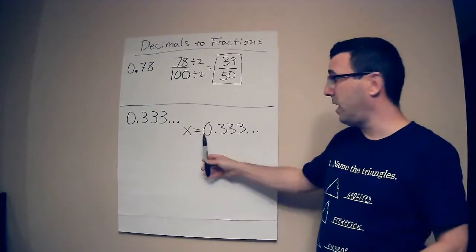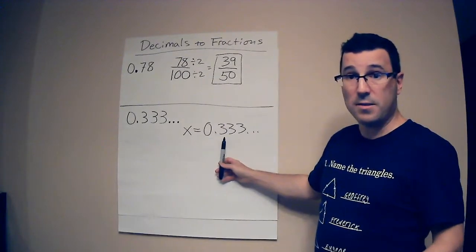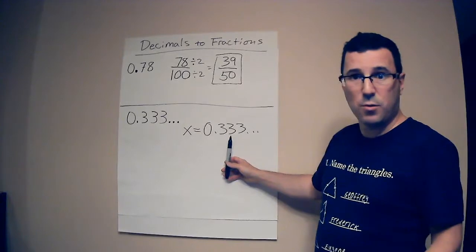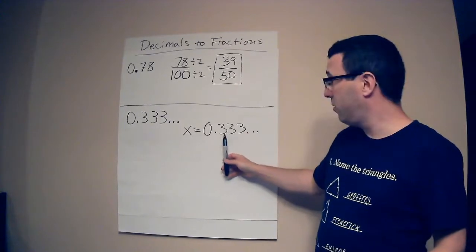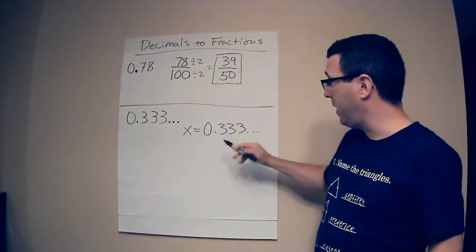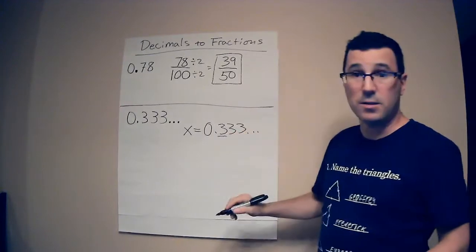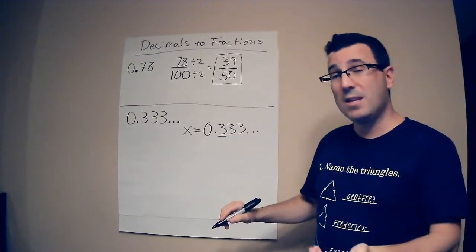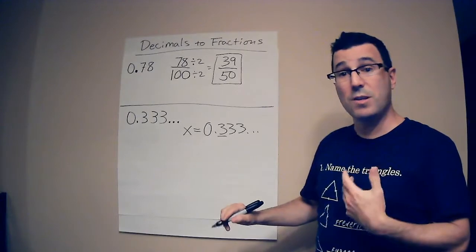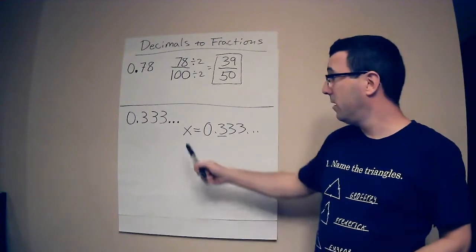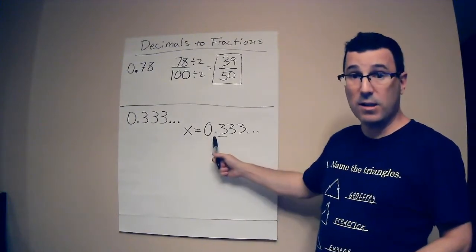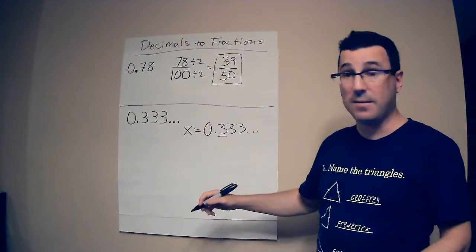So when I look, here's a 3 in the tenths. The next number is also a 3, and then another 3. So the number that's repeating is the one in the tenths place. Now instead of using that as my denominator, I'm going to multiply x, and really this number, by 10.